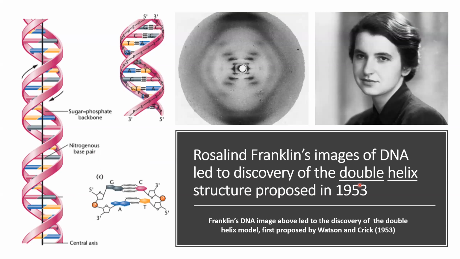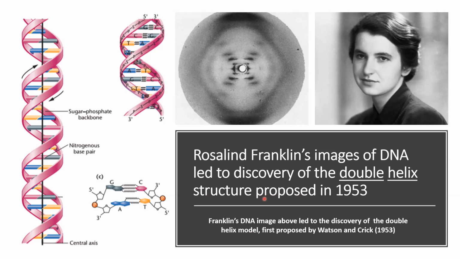This image, Franklin's DNA image, led to the discovery of the double helix model. Watson and Crick were the ones that proposed this, and they went on to win a Nobel Prize. Originally, her work was actually not even recognized or mentioned, but that has since turned around, and she has been credited for her work in the discovery of the double helix structure.